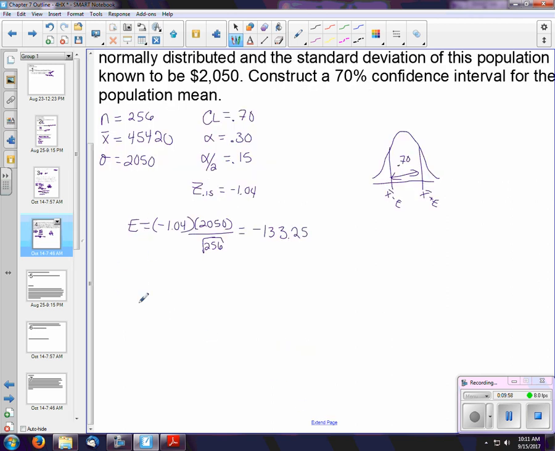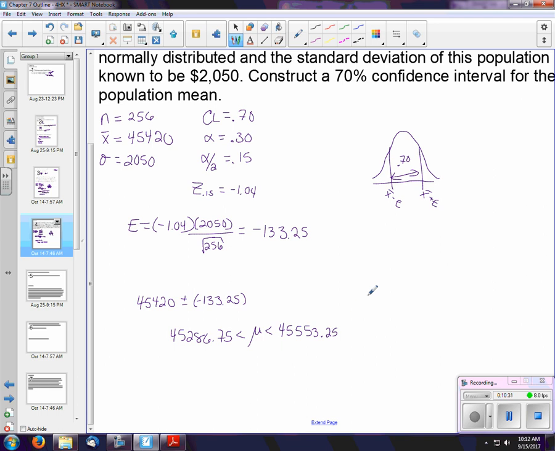So to get our confidence interval, take the mean and add or subtract your margin of error. When we add our negative number, we get $45,286.75, and that's our lower bound, where our upper bound, when we subtract our negative number, gives us $45,553.25.